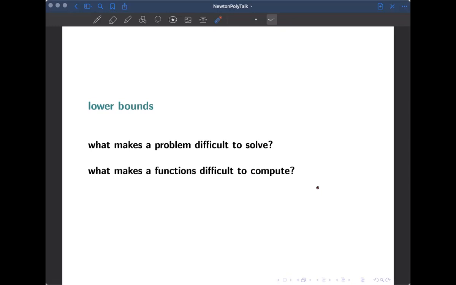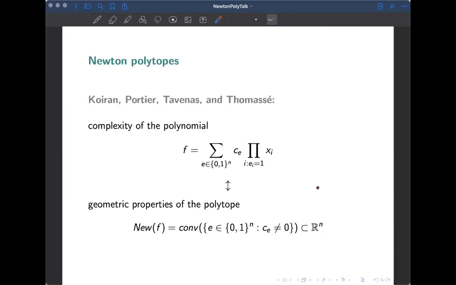And can we use these ideas to capture something about computational difficulty? This is the high-level question. And we are going to use one such connection that was introduced by Couaran, Portier, Tavenas, and Thomas. I hope I said the names correctly. That relates algebraic computation and geometry.